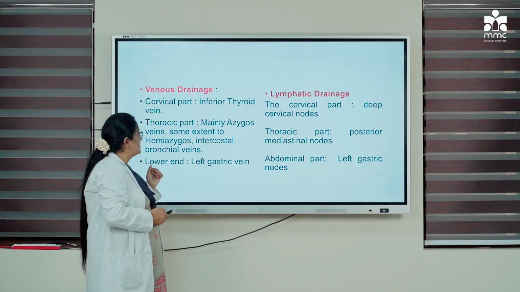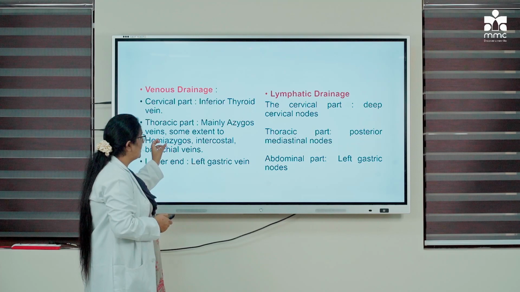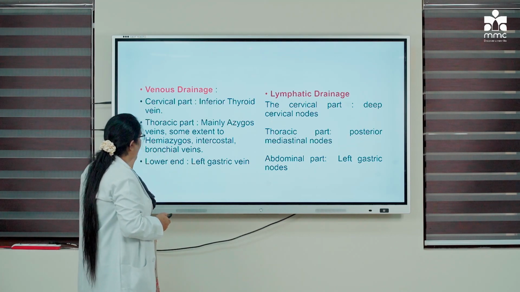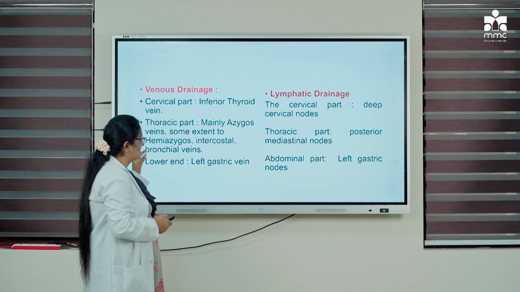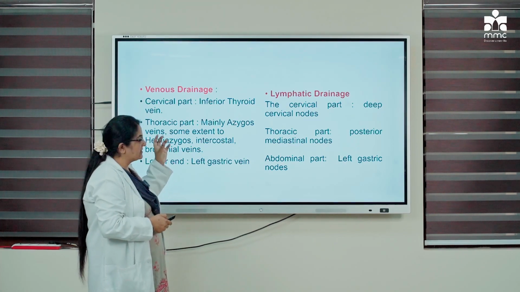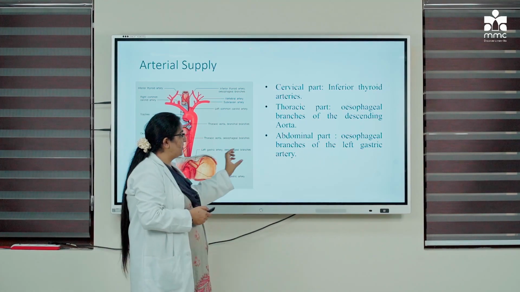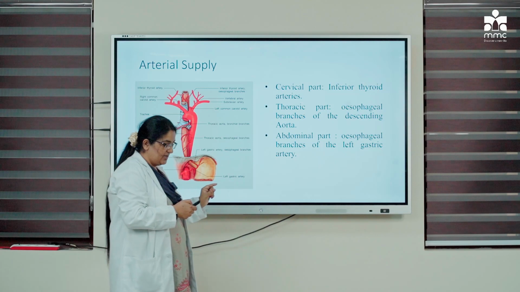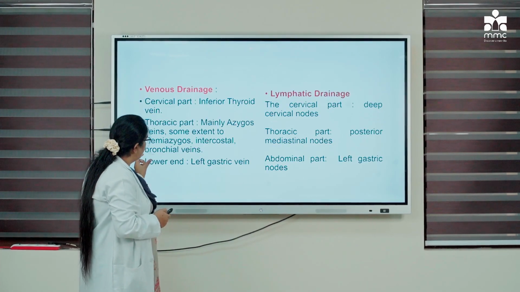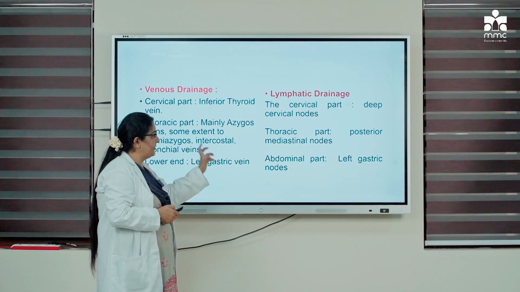So the thoracic part is going to drain into the azygous veins, and to some extent hemiazygous vein, intercostal veins and bronchial veins are going to help in the venous drainage. Apart from that, the abdominal part was supplied by the esophageal branches of the left gastric artery. Similarly, the lower part is drained by the left gastric vein.